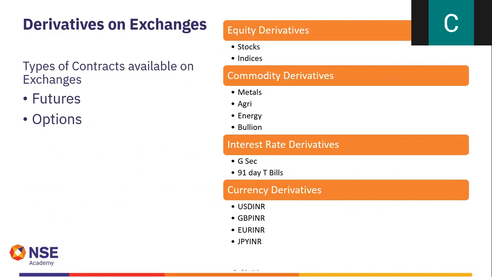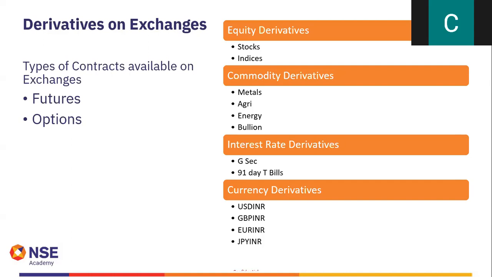The derivative segment again is classified into 4 sub-segments on the exchange platform, that is equity derivative segment, commodity derivatives, interest rate derivatives, and the currency derivatives. Again, basically based on the underlying. So in equity derivatives, you have the stocks and indices trading. Under commodities, you have various commodities like metals, agri, energy, bullion.